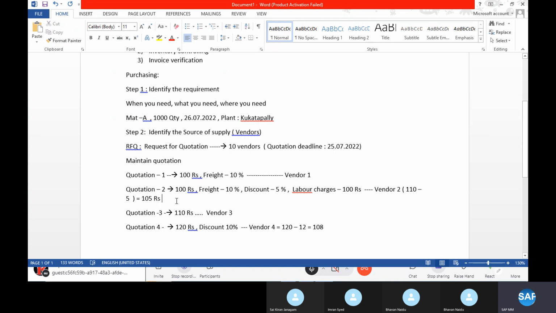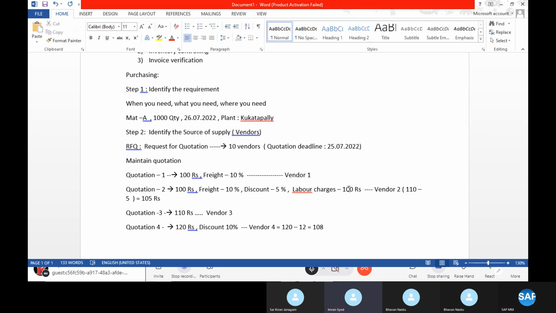But if you think about it, I need 1000 quantity, when I'm buying in bulk. The 100 rupees labor charge is not much, right? I'm getting 105 rupees and paying only 100 rupees for the labor charges, which is a fixed cost. So obviously quotation 2 is good.